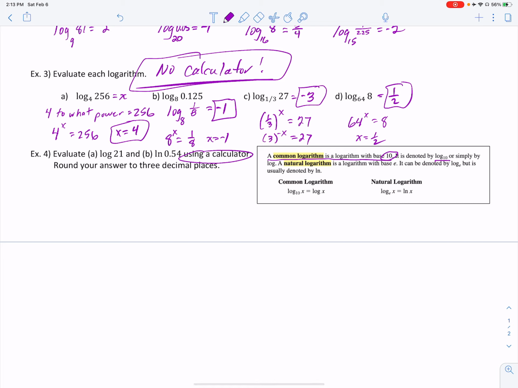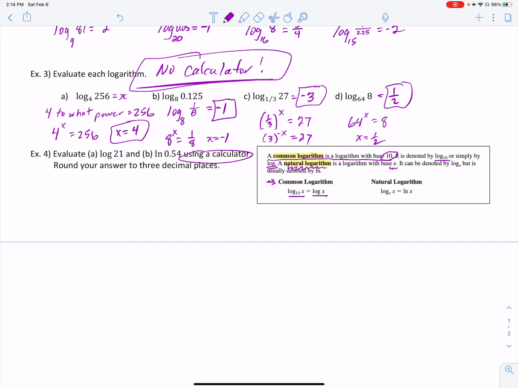It's denoted log base 10, but since we use it enough, log base 10 gets just plain log. So if you see log base 10 or log of x, the base is understood to be 10, and that is called the common logarithm.